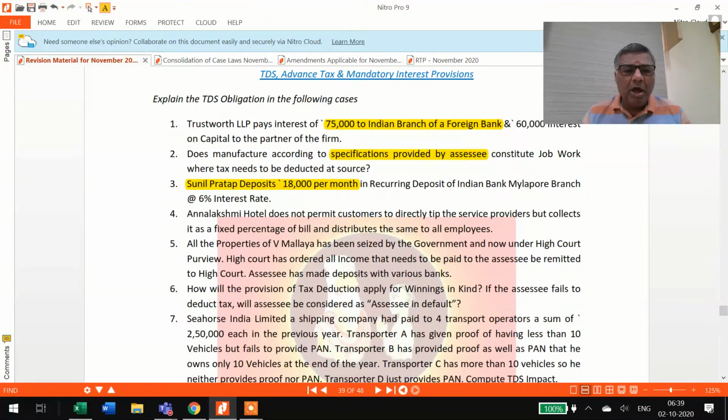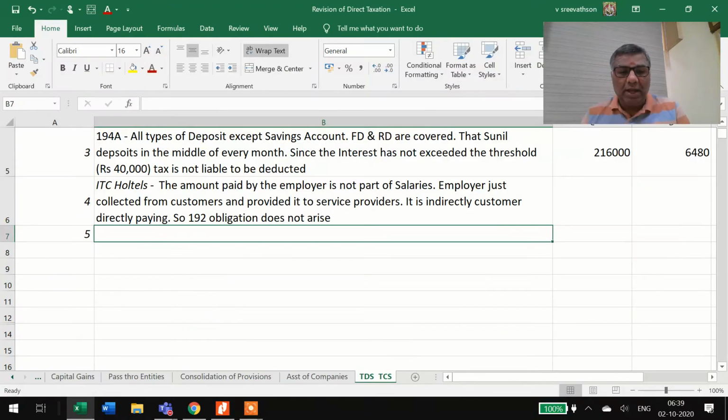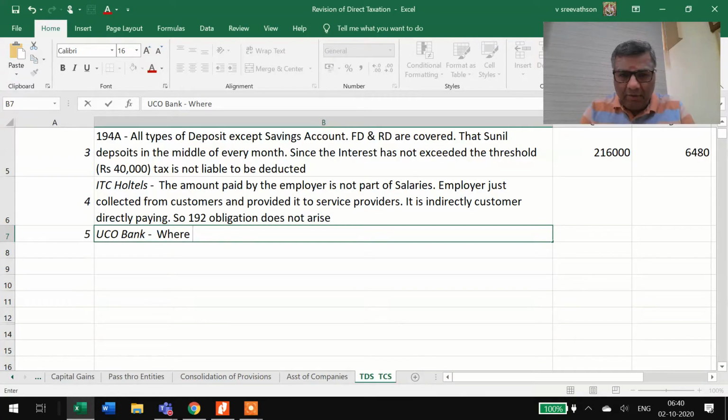All the properties of Vijay Mallya have been seized by the government and are now under High Court purview. The High Court has ordered that all income that needs to be paid to the assessee be remitted to the High Court. I am talking about UCO Bank, where interest is paid to the Registrar of the High Court.